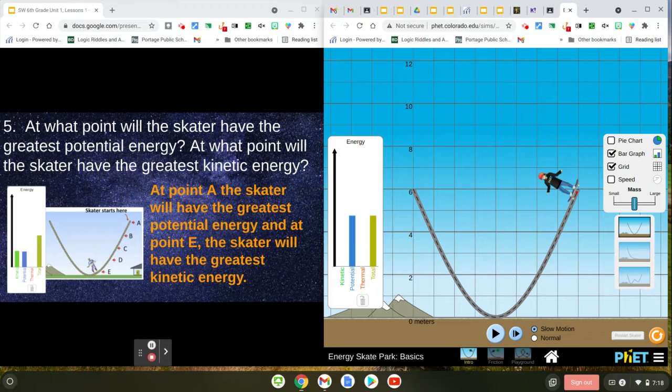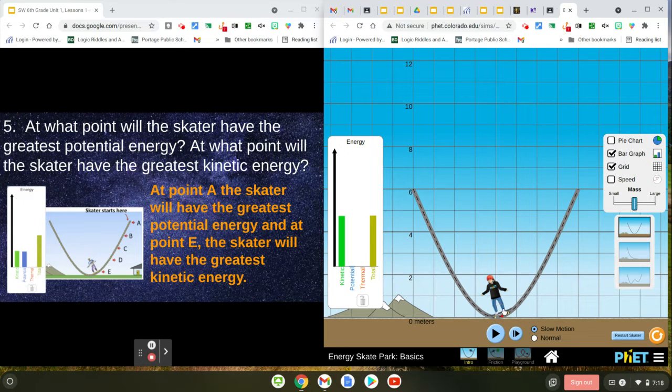So as the skater goes down, this would be point B. We see potential energy decreasing, kinetic energy starting to increase. This is point C, so less potential. Point D, even less. Point E, just a little bit of kinetic energy.